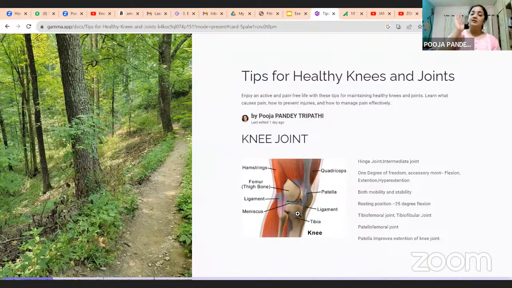Okay, so the knee is both for stability and mobility. What is the resting position of the knee? Where the knee is completely rested. Okay, that is basically 25 degrees of flexion. And that is the reason when you sleep in the night, it is very, very important that you sleep with a pillow underneath.